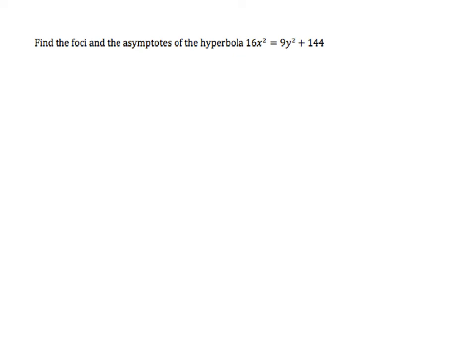Alright, so let's try a problem. We need to find the foci and the asymptotes of the hyperbola that's given. It might look familiar because we did something pretty similar in the last section with ellipses, but here I need to get x's and y's together and have constants on the other side. So I have 16x squared minus 9y squared is equal to 144.